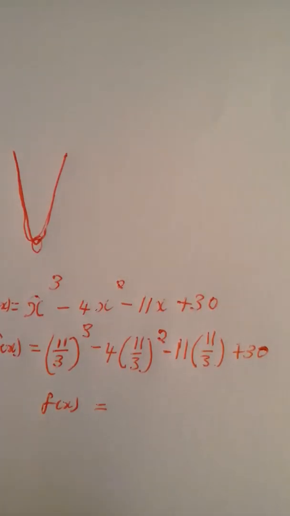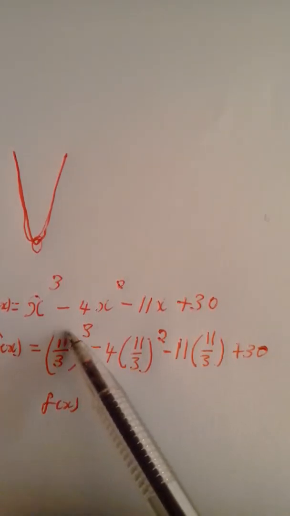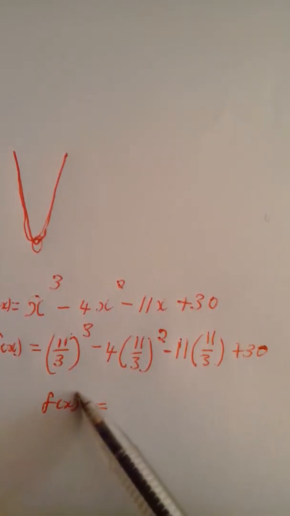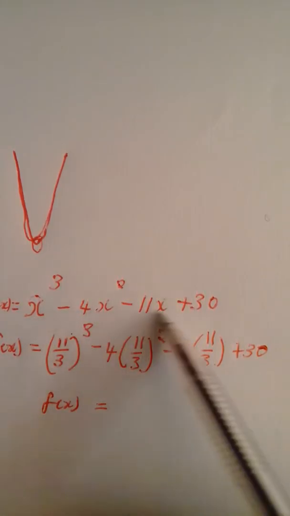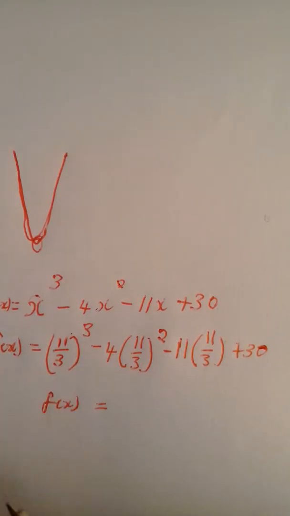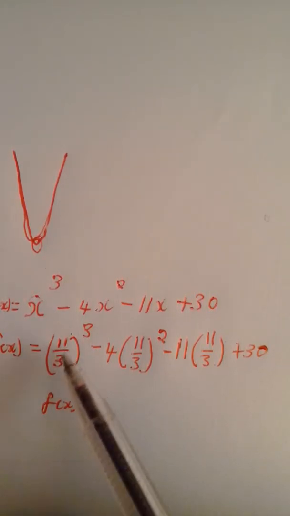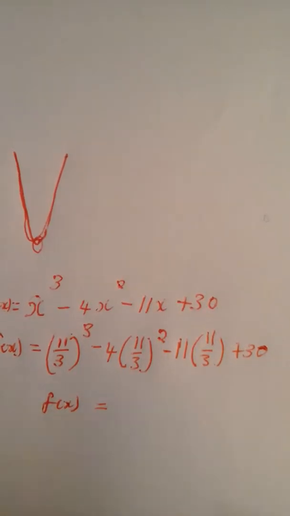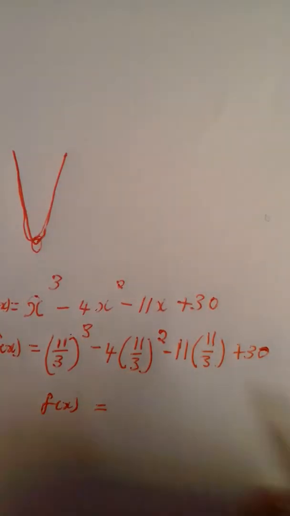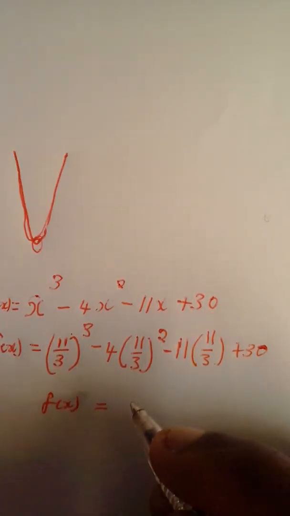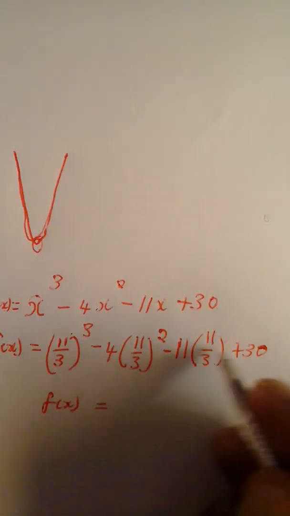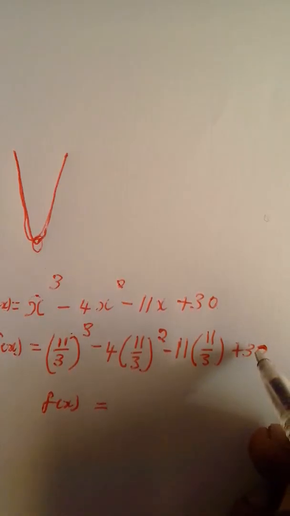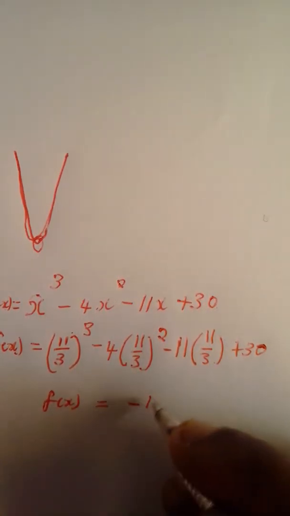So the question is, when the turning point of x is 11 over 3, how much is the turning point of y? I go back to the original function. I substitute the turning point of x, 11 over 3, to find the turning point of y. If you press it on your calculator, you find how much is the turning point of y.